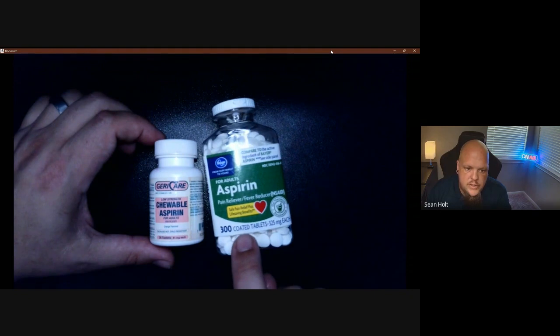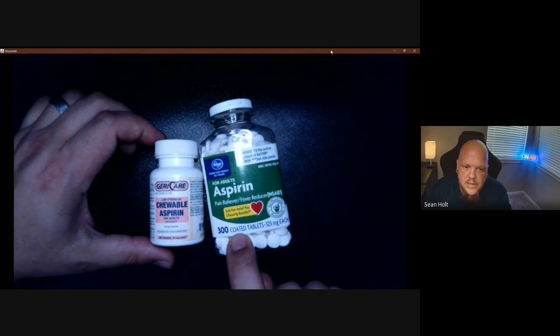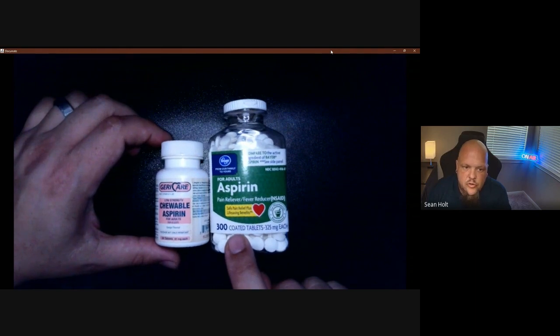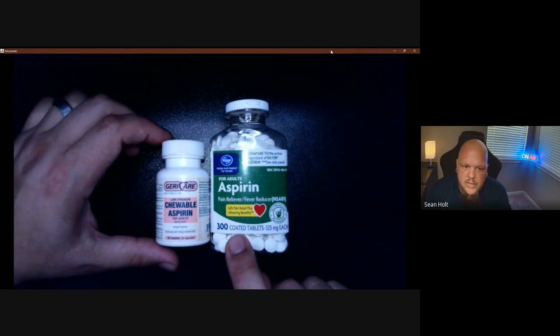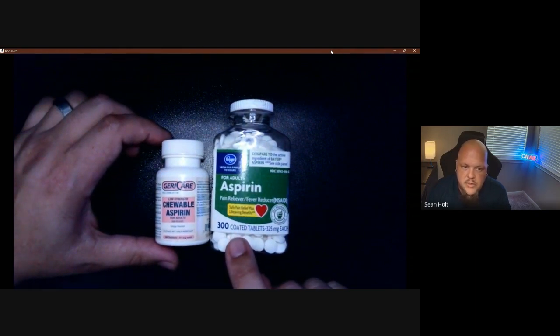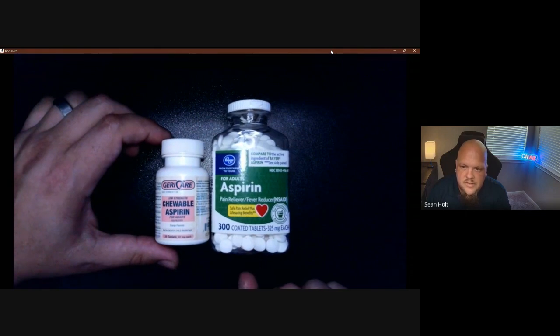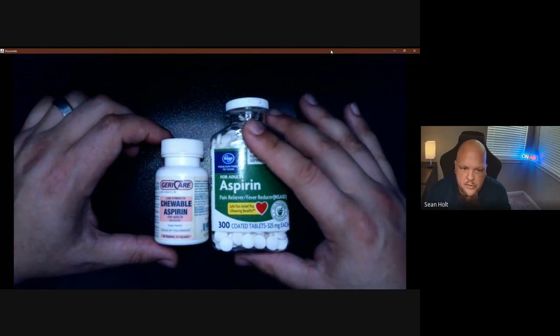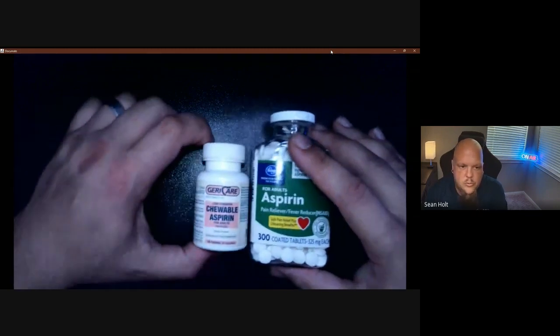These are coated tablets. If somebody is having cardiac chest pain and they need a treatment for it, and we need to start treating it, sometimes they're going to be instructed to chew up these tablets so it's absorbed faster. What's even better than this, a lot better, is our chewable baby aspirin.